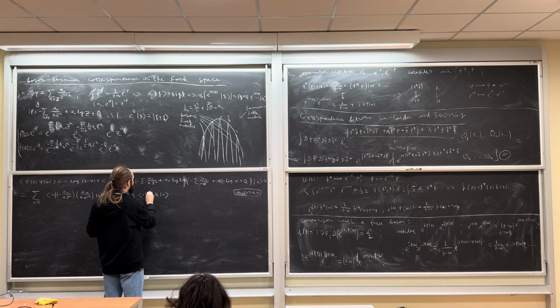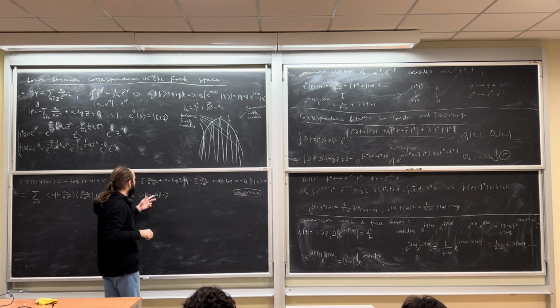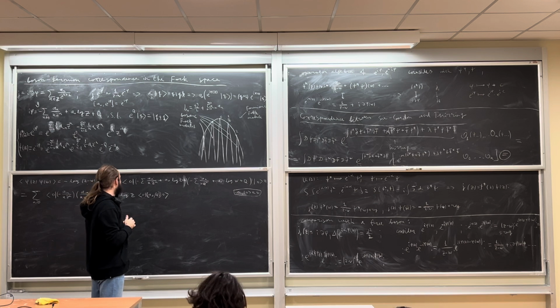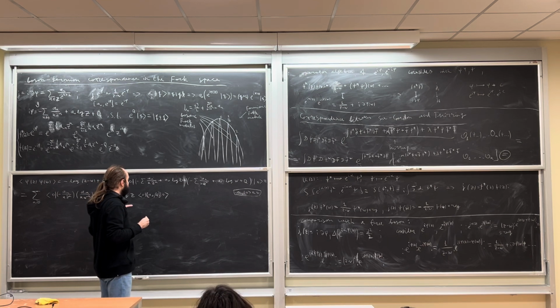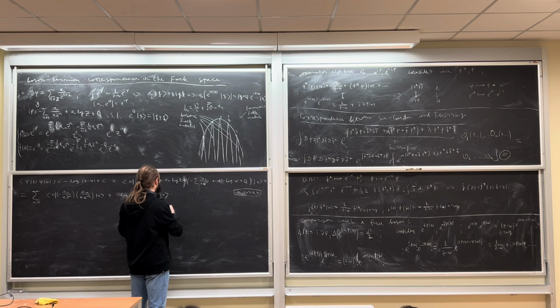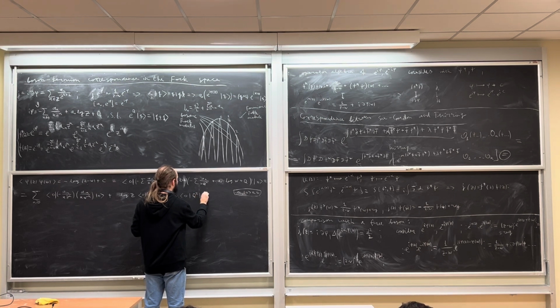We can write a commutator because in the opposite direction they act by 0. So log of z times this. And plus in this term A0 squared is 0.